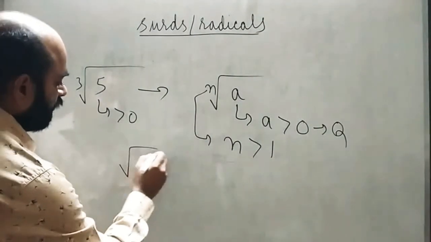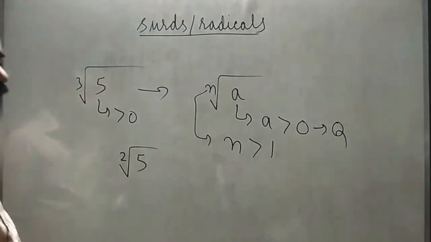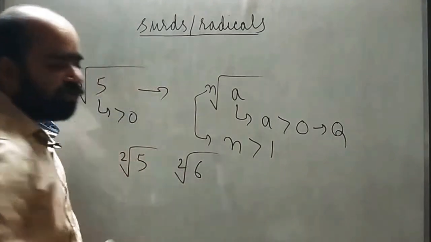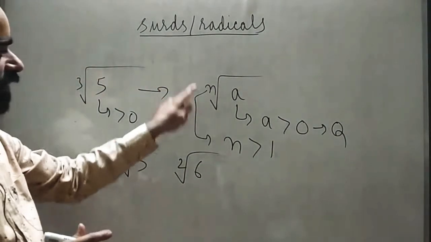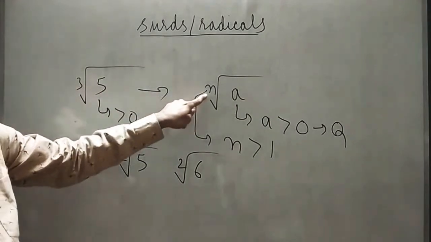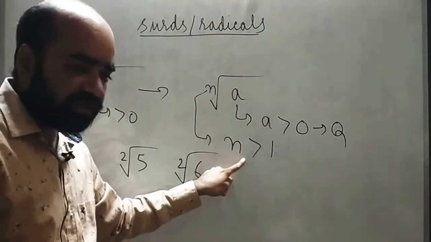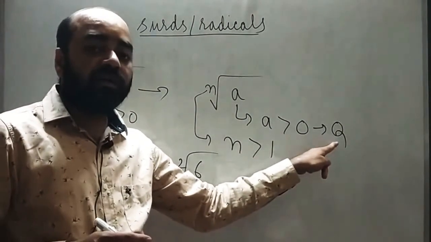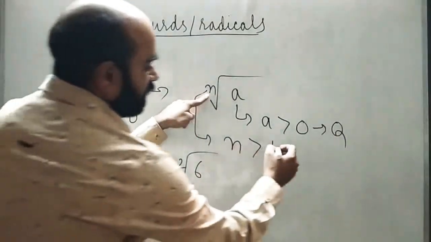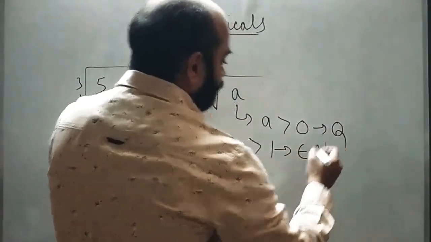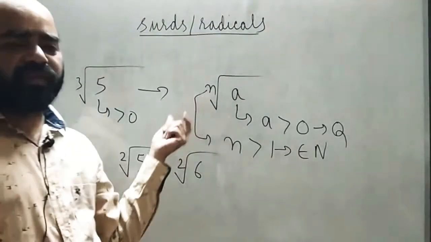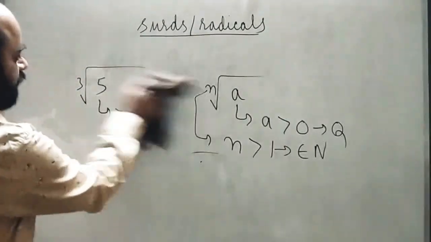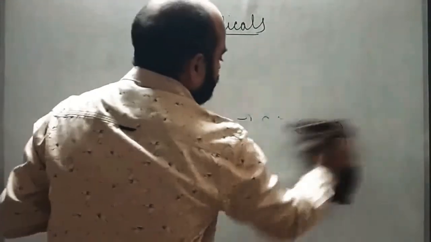When you write root 5, it means by default it is 2. Root 5 means square root 5. Root 6 means square root 6. So by default it is 2. That is why the condition for the nth root is that it must be greater than 1. The number inside the radical sign must be positive and must be a rational number. But the index is always a natural number, 1, 2, 3, or it can be fractional also, no problem. There is no condition. So these are radicals or surds.